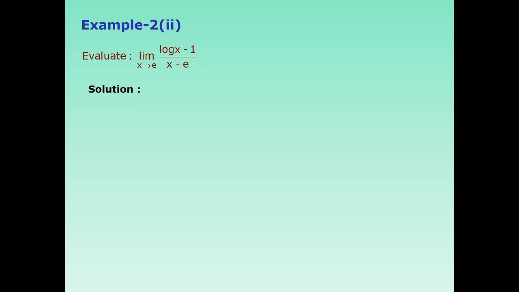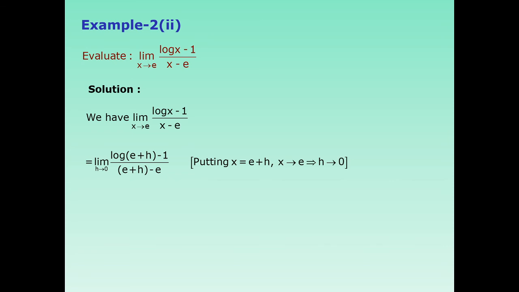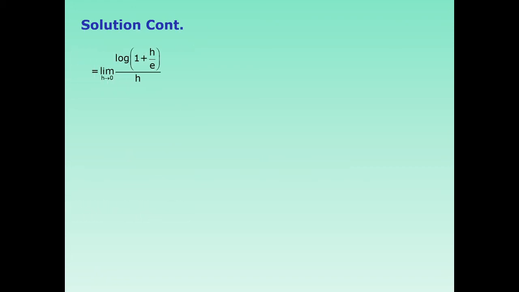Now we can write this one as log e also, since x tends to e. So first we are making this limit as 0. Now see what we have substituted here: x minus e is equal to h. So after doing this, we are obtaining this. Now dividing numerator and denominator by e, so your limit is 1 by e.